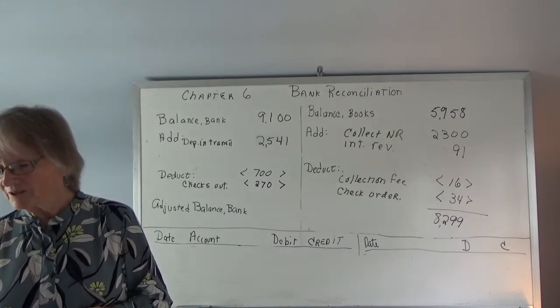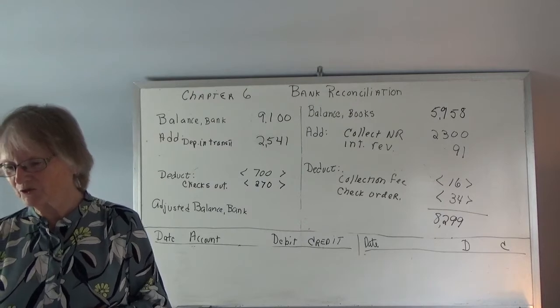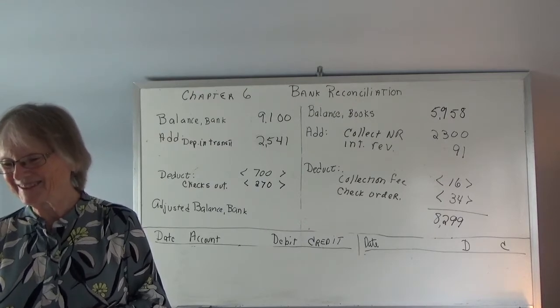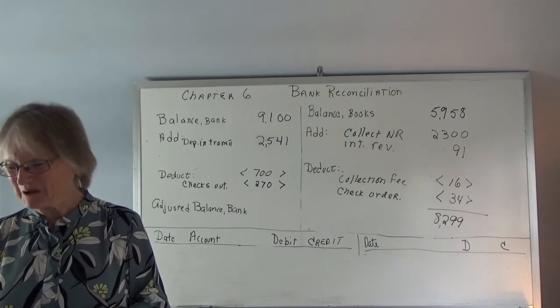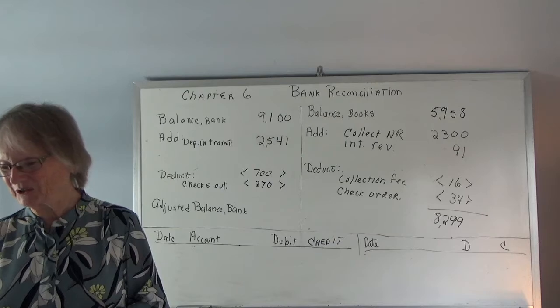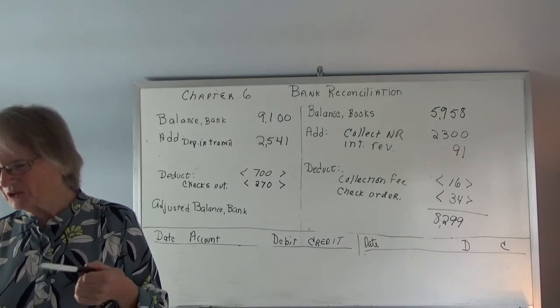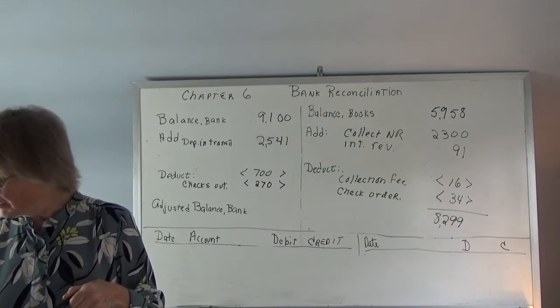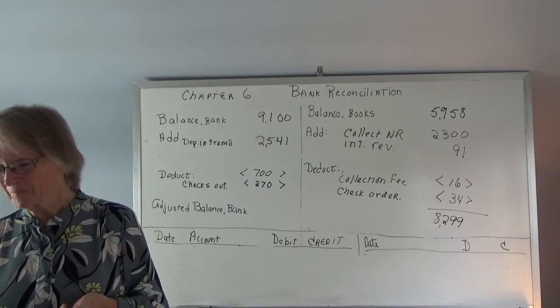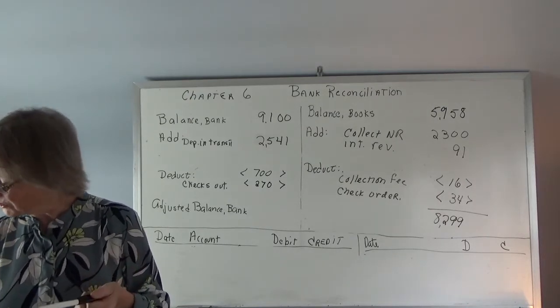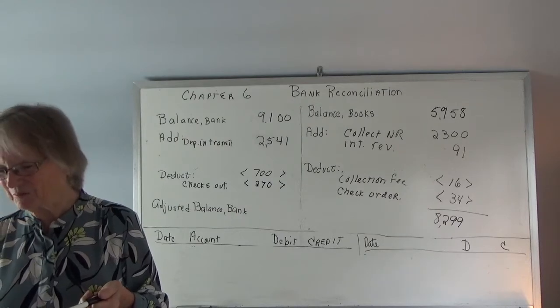Now we'll check the cash payments journal for this month. Aren't you glad this isn't on the test? We'll check the cash payments journal for this month against the checks that cleared the bank. You're really just going to go one by one, and at the end you'll find out which ones cleared and which did not clear for the month.